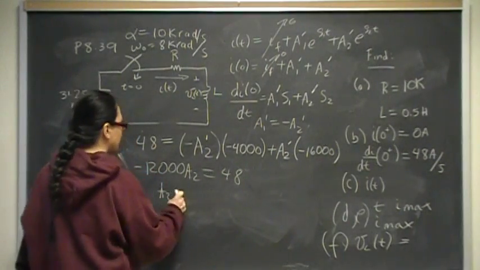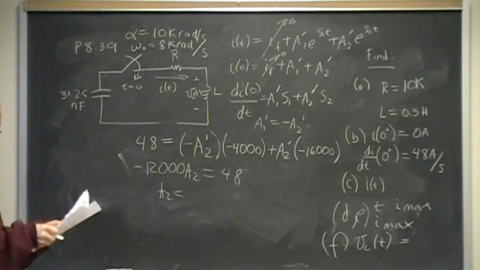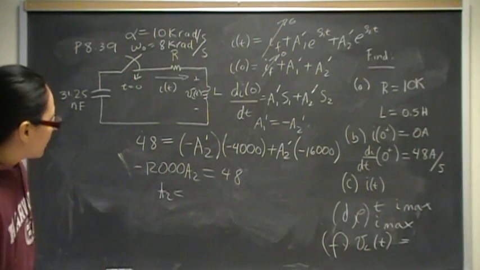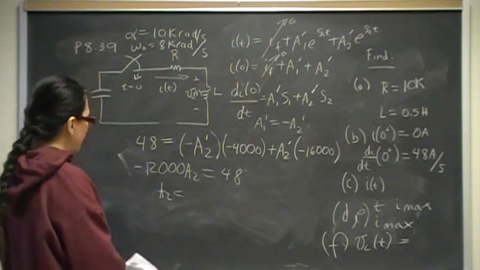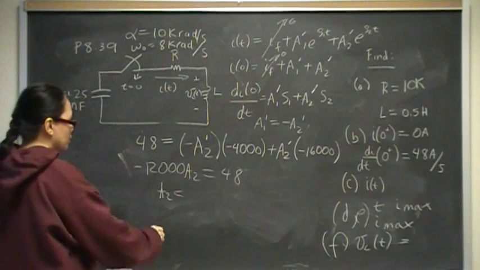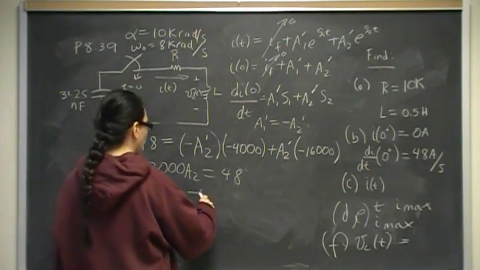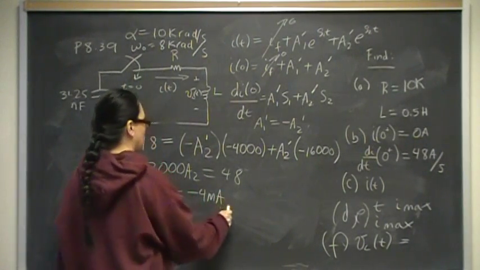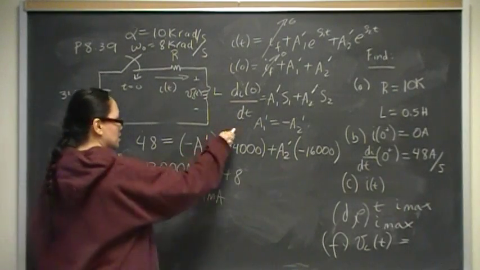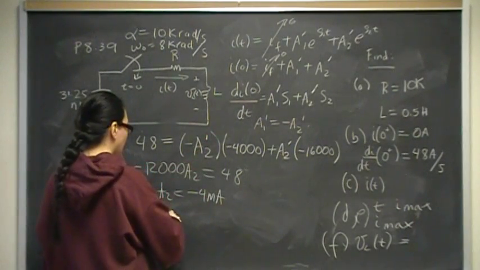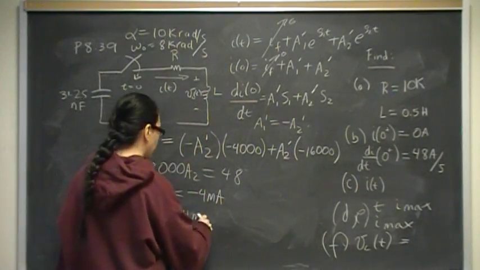So A2 should be, I'll double check, 48 divided by 12 is 4. So that should be negative 4 milliamps. And since A1 is just negative A2, A1 must be positive 4 milliamps.